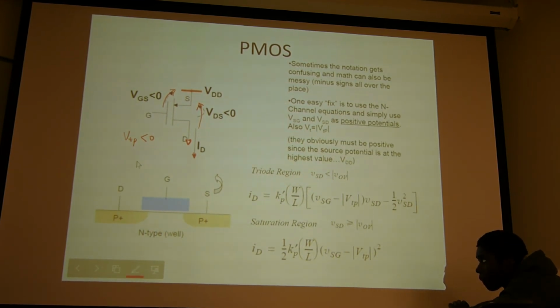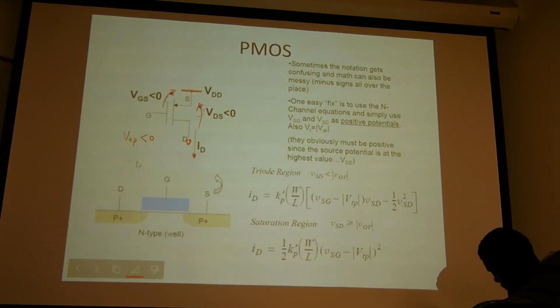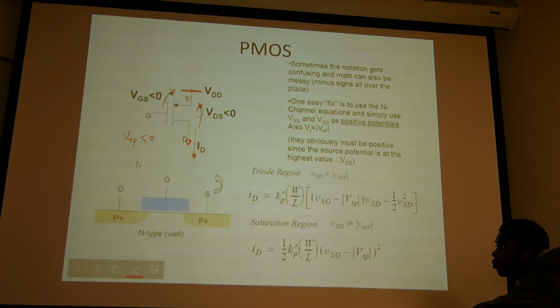So sometimes this will be confusing to you. Here, a suggestion to make it easier for you is to treat the PMOS same as NMOS if you take all the voltage differences as absolute values.